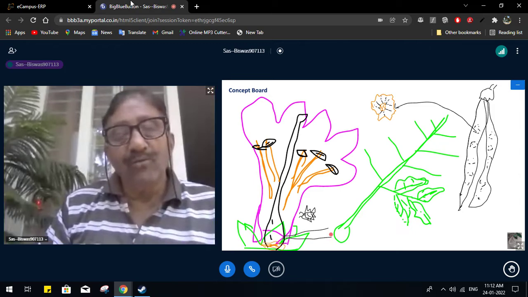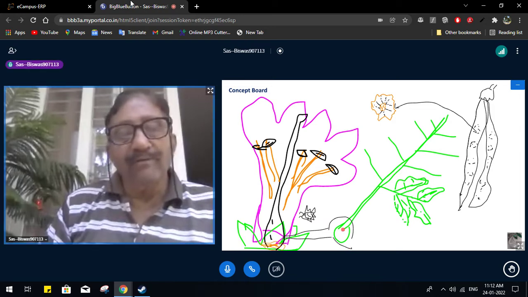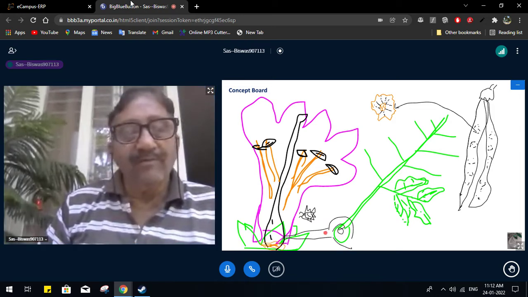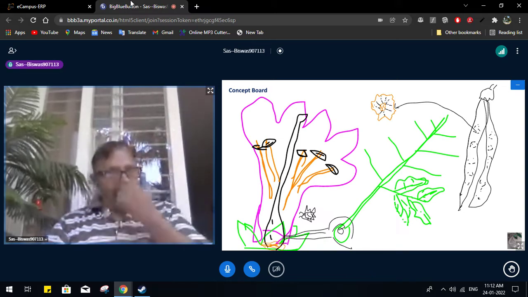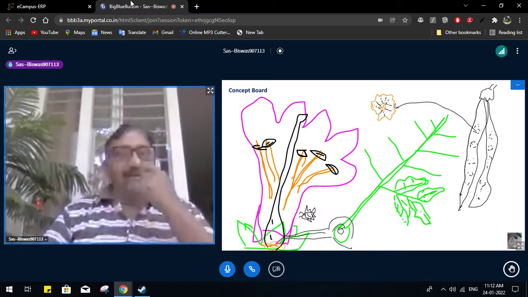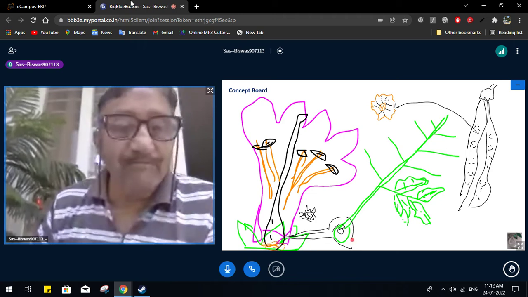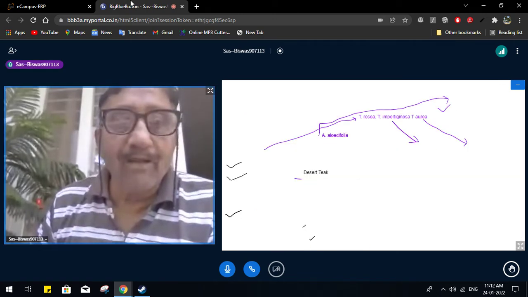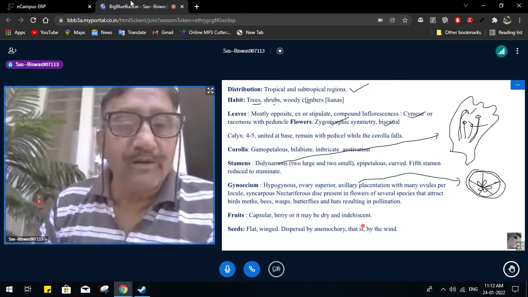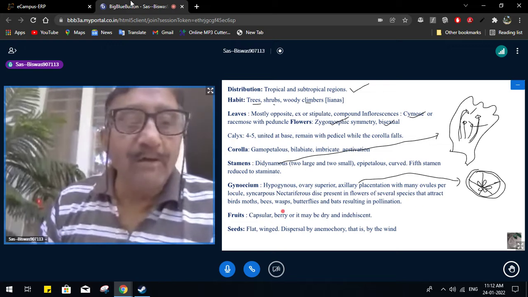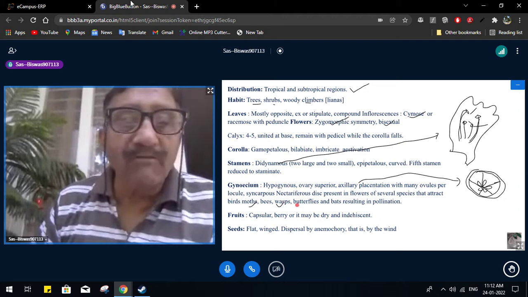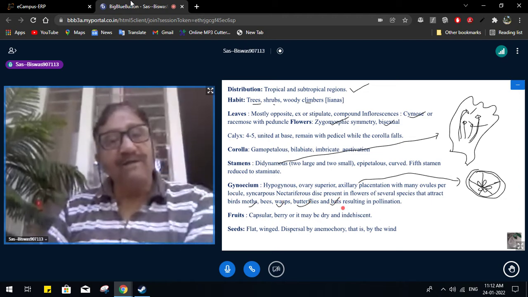And so just see here. They pierce into the base of this to steal the nectar. And that is what I spoke of here. So you find here the moths, wasps, butterflies, bats, resulting in pollination.